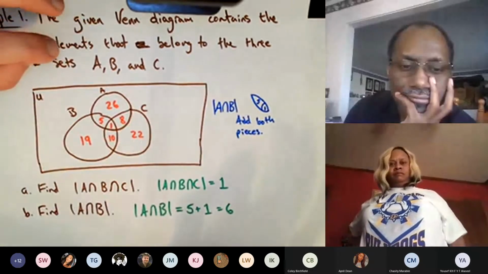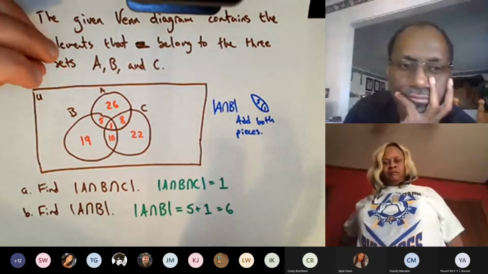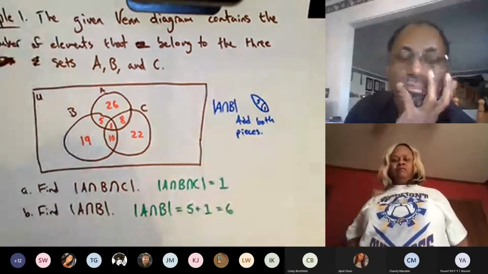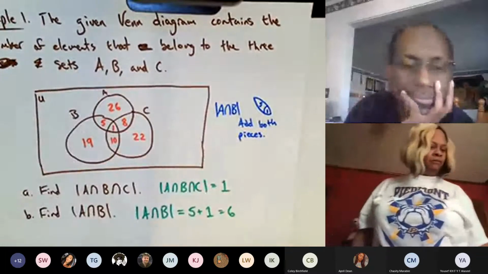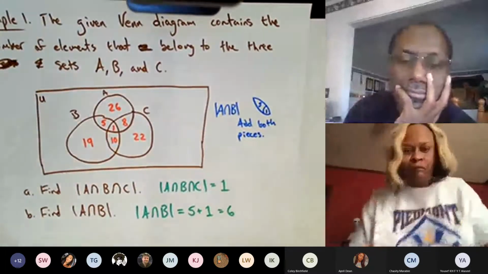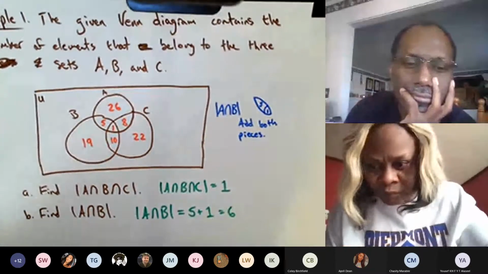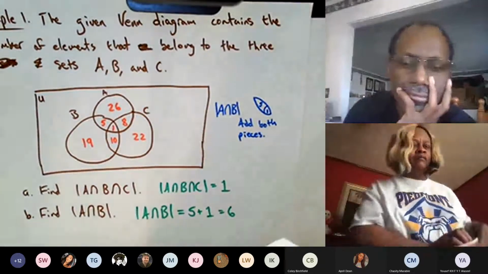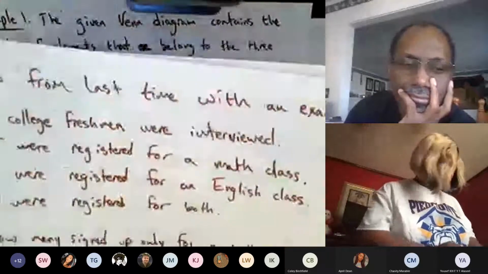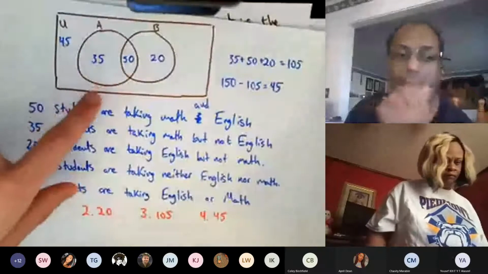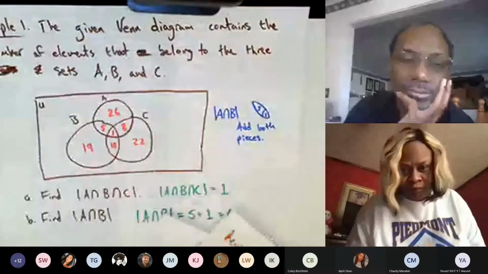So when I ask you to put them back together again, you have to start adding up. This is like the reverse of the problem we had a second ago, where instead of giving you the picture already organized, I gave you the raw data, and you had to pull the data apart to make the picture.